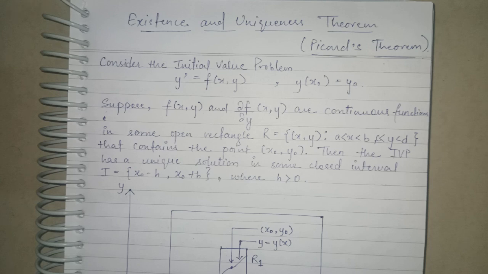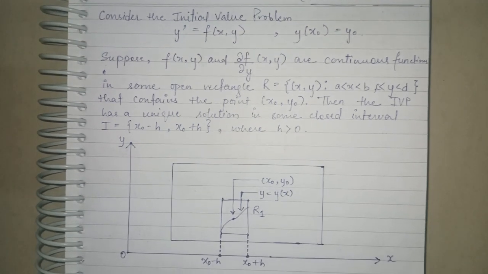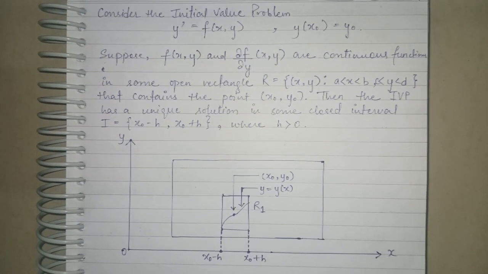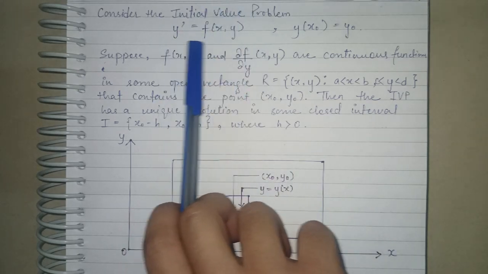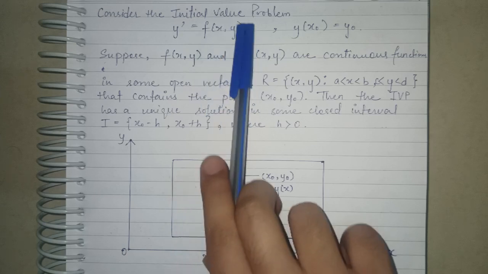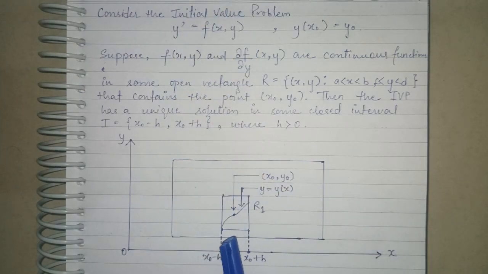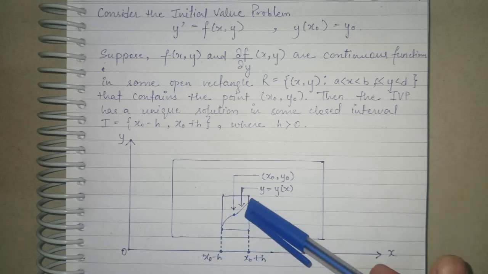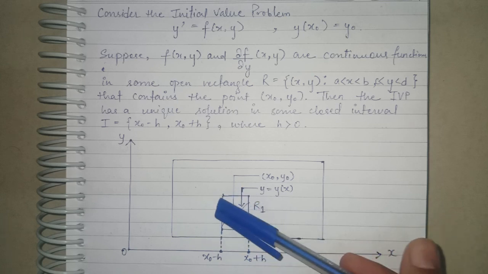Now it must be a bit difficult for you to understand this definition, so I'll try explaining it graphically. Here you can see our f(x, y). The initial value problem was given as y prime equals f(x, y), so we are plotting this f(x, y), and we will try to know about its behavior in the region R1.